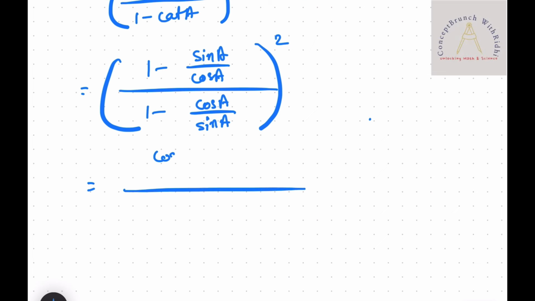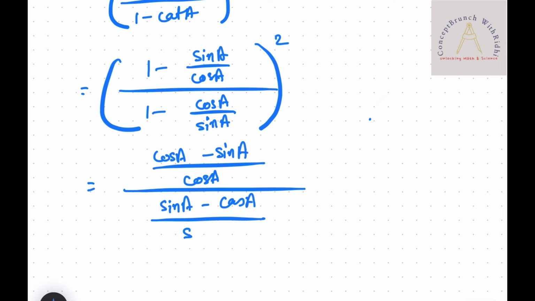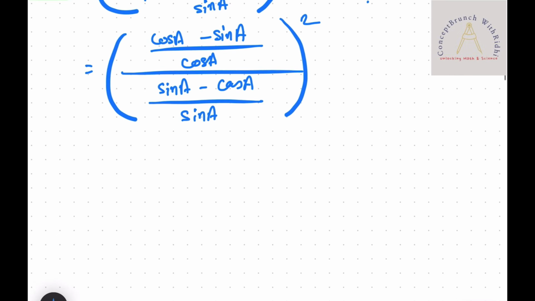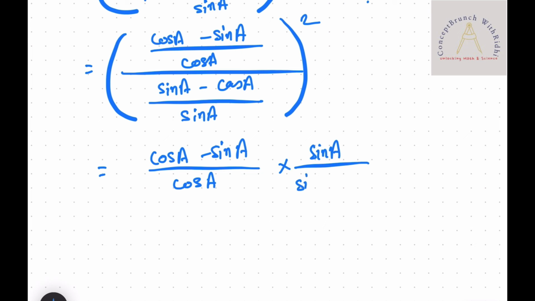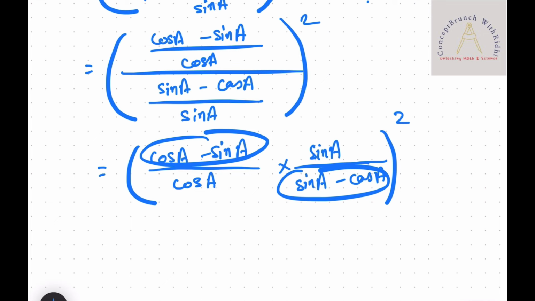So cos A minus sine A divided by cos A, and here sine A minus cos A divided by sine A whole square. Let's rearrange it. Cos A minus sine A divided by cos A times sine A divided by sine A minus cos A whole square. If you can see this part and this part, there is a minus 1 common, then we can cancel easily, right?